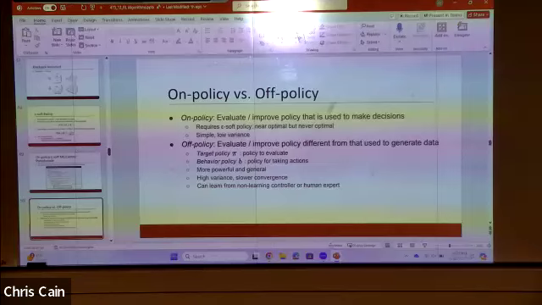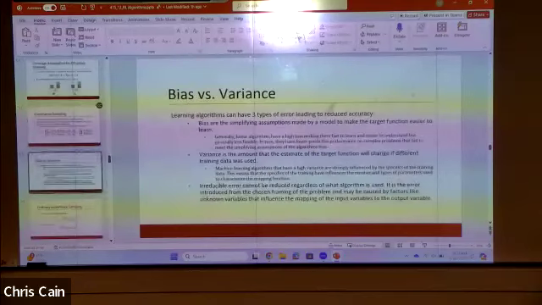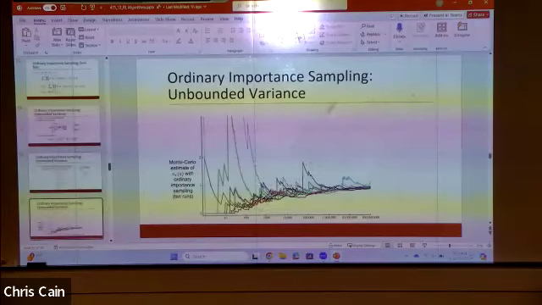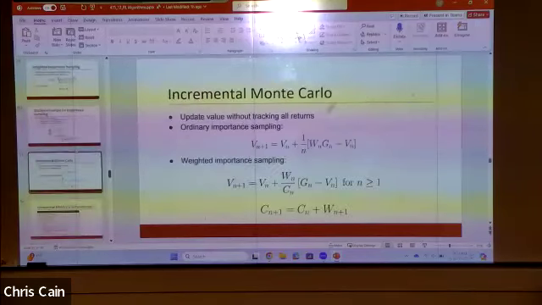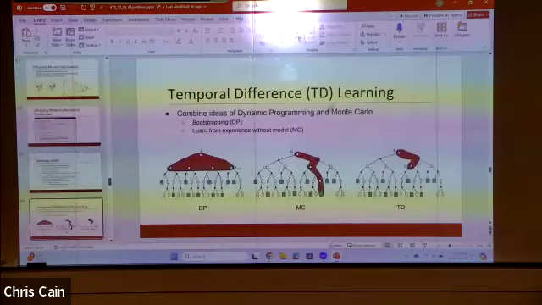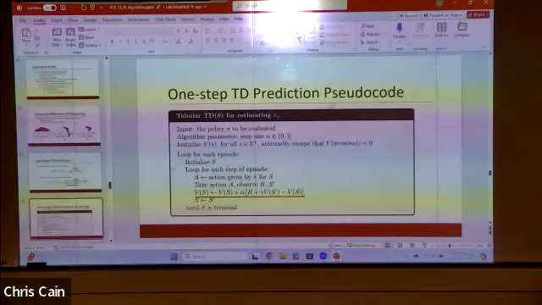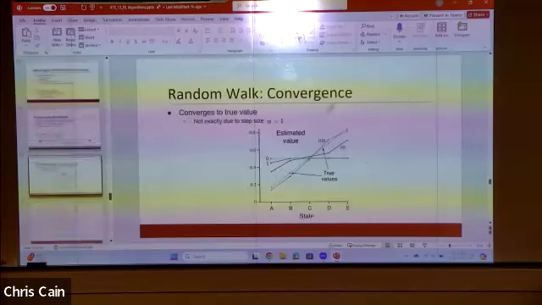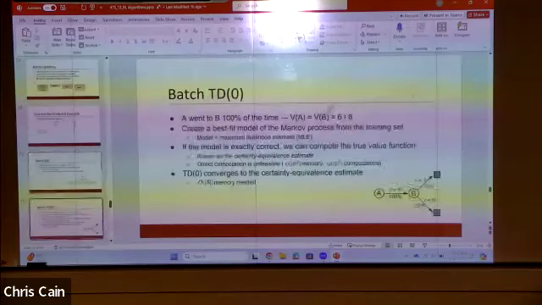Hopefully this is relevant and useful to people. You're going to see how you could put things together in our allocations. We'll get to the really important topics: importance sampling, bias and variance, temporal difference, and how temporal difference varies.